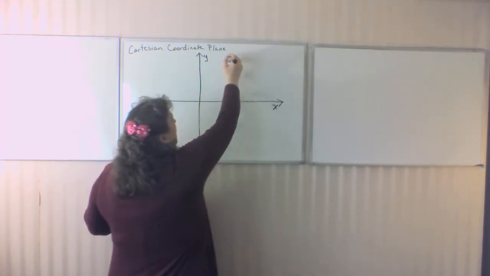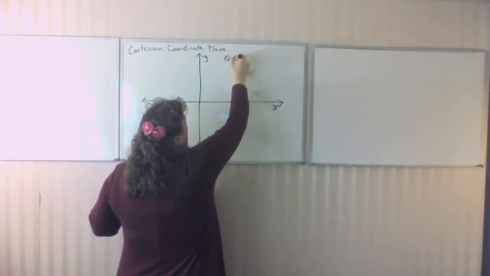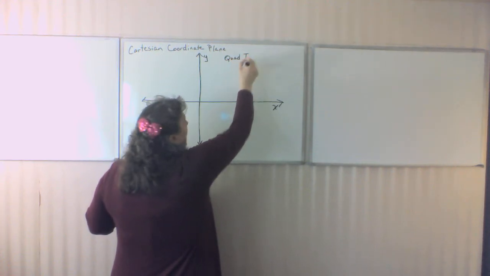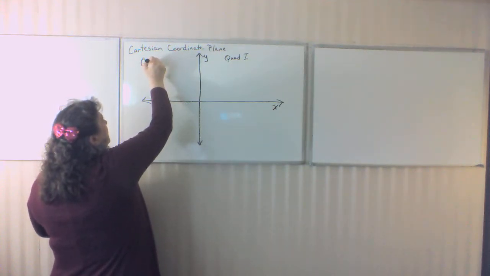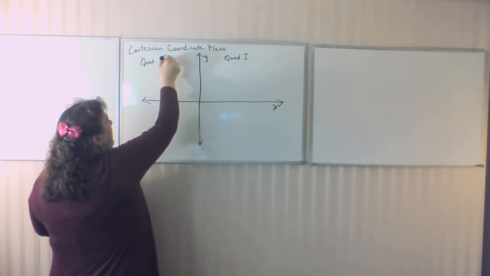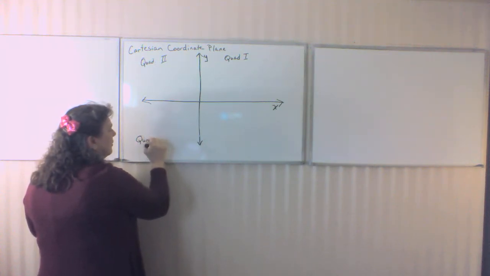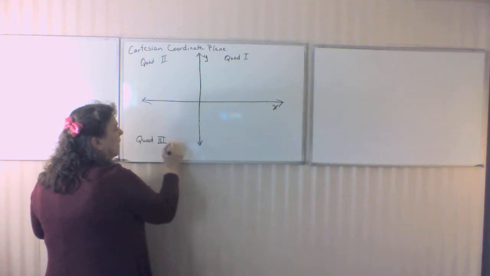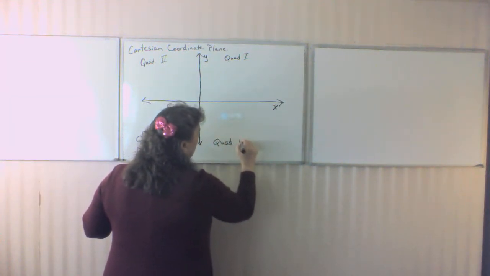The first quadrant is up on the upper right. It is quadrant number 1. In a counterclockwise direction, we have quadrant 2. And then in the lower left, you have quadrant 3. And in the lower right, you have quadrant 4.